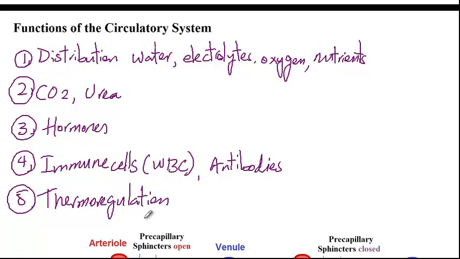So as you know, the human body requires to maintain a narrow core temperature that is about 36.5 to 37.5 degrees centigrade. And can you tell me why this range needs to be maintained in the human body? So basically, this temperature range is required for the optimal function of the enzymes.